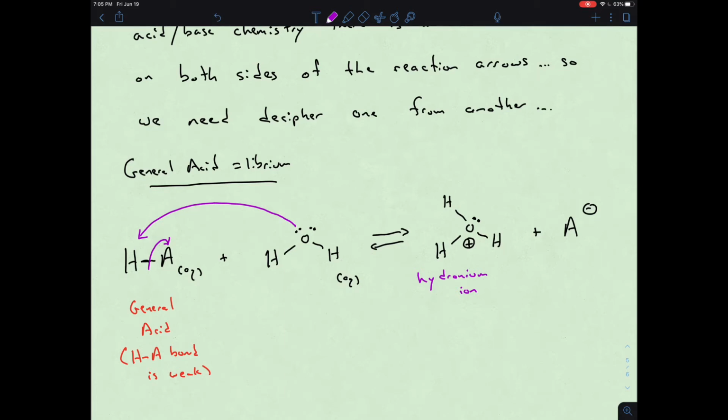So that's how we get H plus on our hydronium ion, and then that's how we generate also A minus.